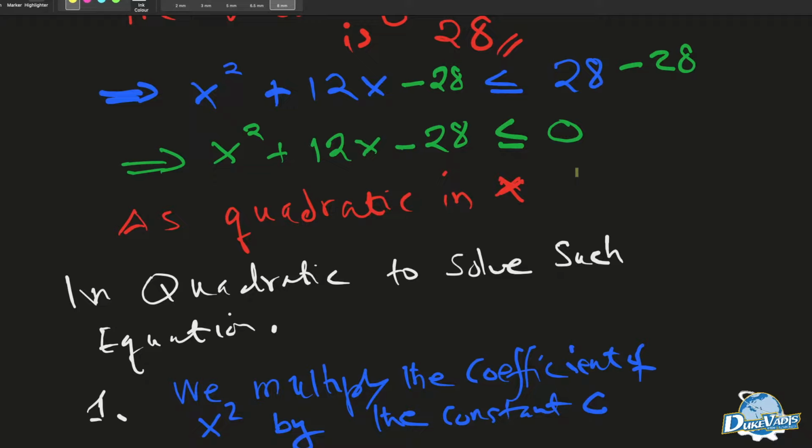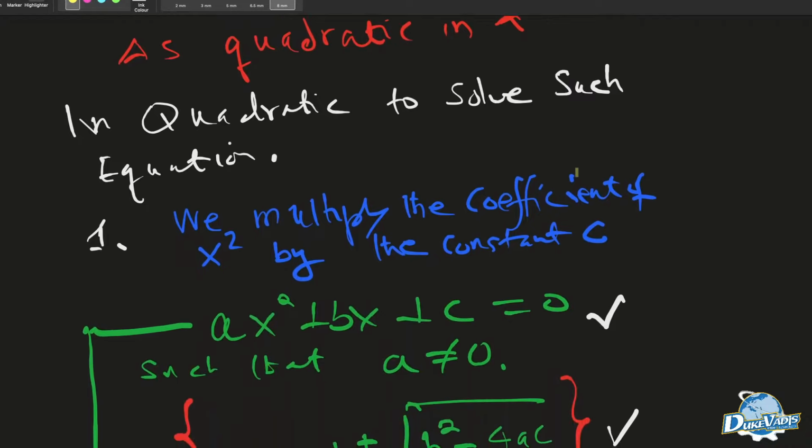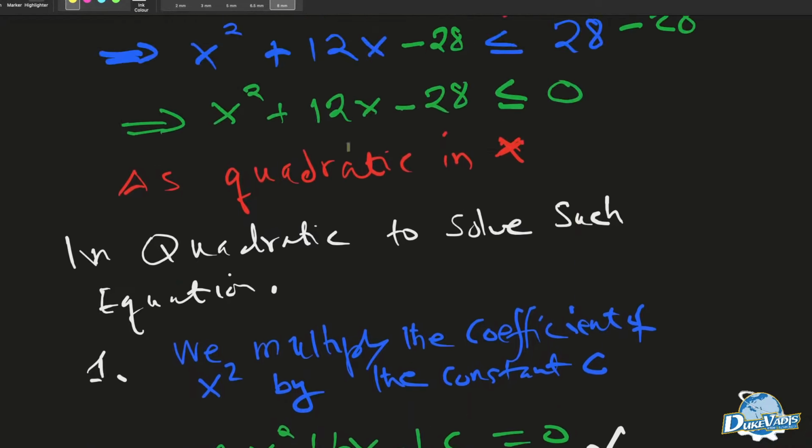So we say it is quadratic in x, meaning we're going to compute the values of x. In a quadratic, we multiply the coefficient of x squared, and we know that the coefficient of x squared is 1, but we don't write it because its value is 1.